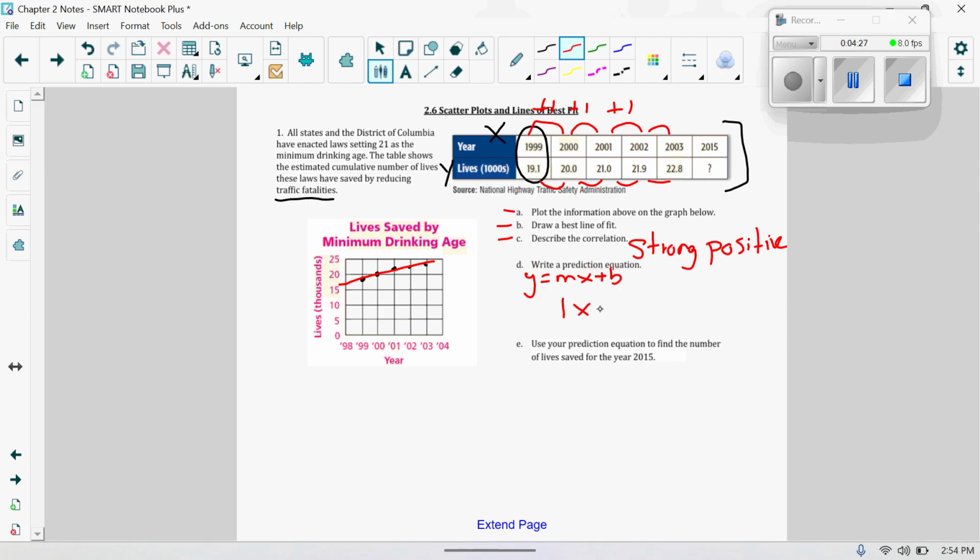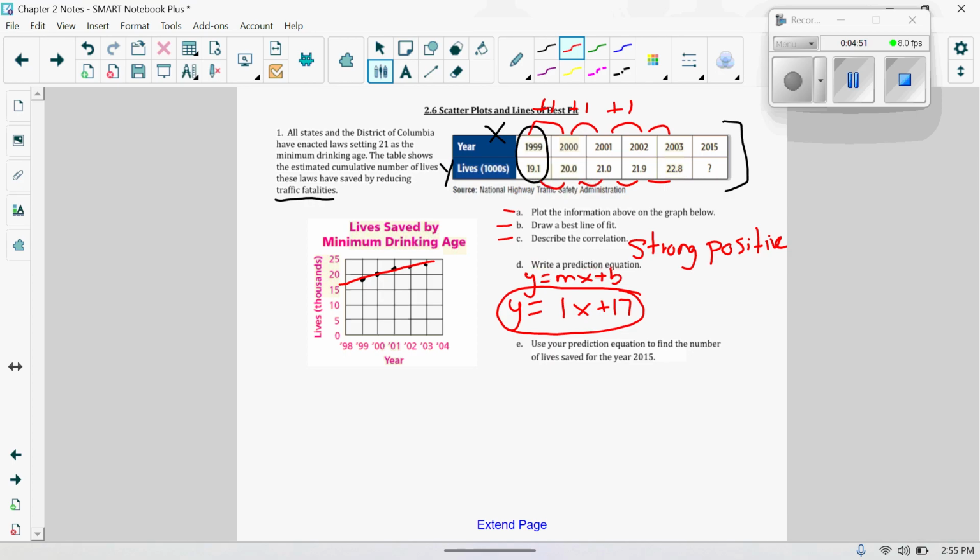And then my y-intercept, let's see where we cross. It looks like it's a little under halfway between 15 and 20. I'm going to say that's about 17. So this is my prediction equation right here. It doesn't need to be exact, just something that might be close.